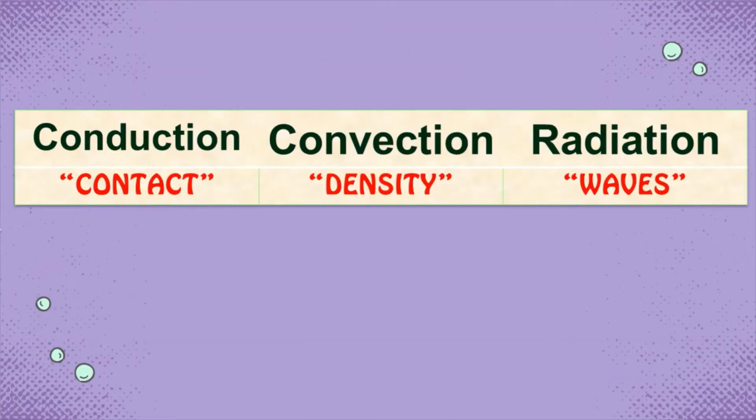So it is important to know the key word that goes with each one. For conduction, we have the word contact. For convection, it is going to be density differences. Radiation is gonna be waves.